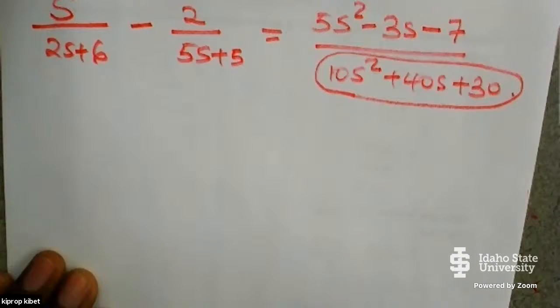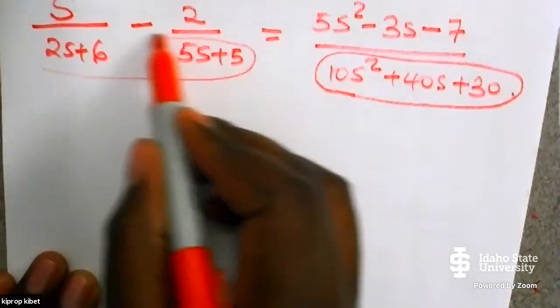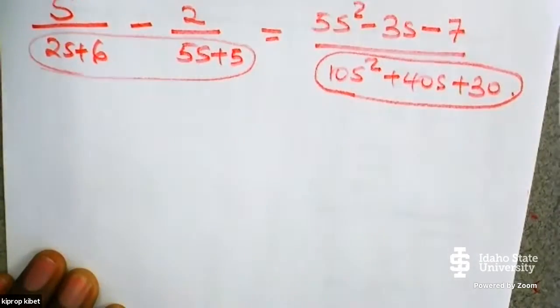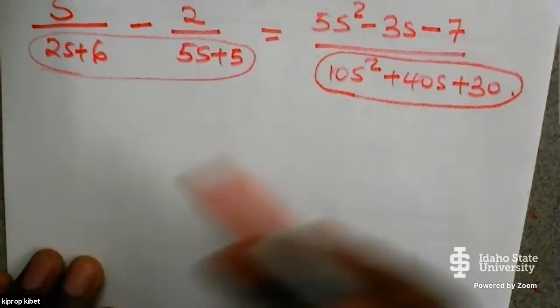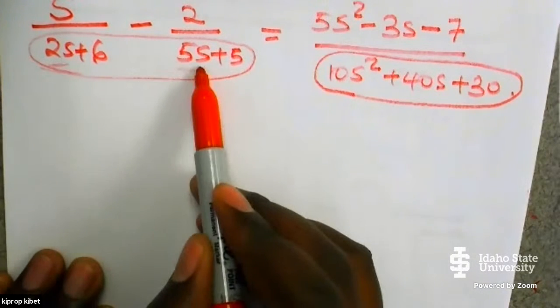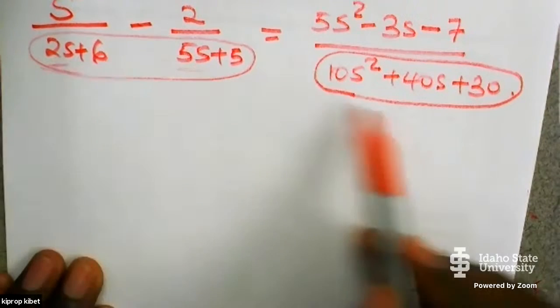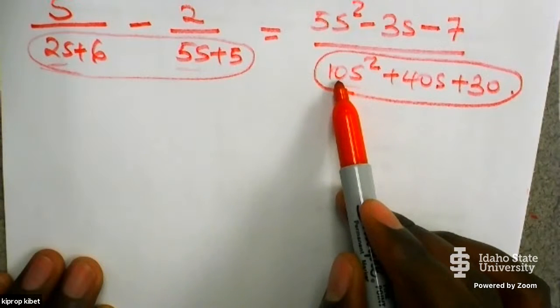Before you even factorize, because we need to know whether these two are the factors, you can multiply this 2 and this 5. What do you get? 10s squared, right? Is that 10s squared similar to this? It is.